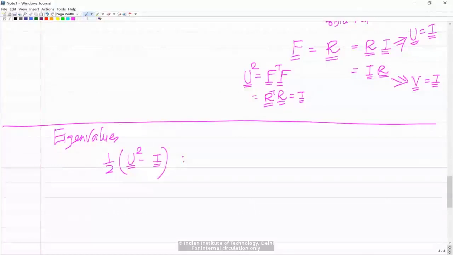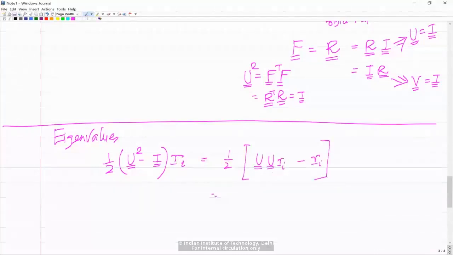See, I just said that it has the same eigenvector. So why don't I multiply this with little r i and see what we get. So this is half u into little r i minus identity times little r i, which is the same as little r i.